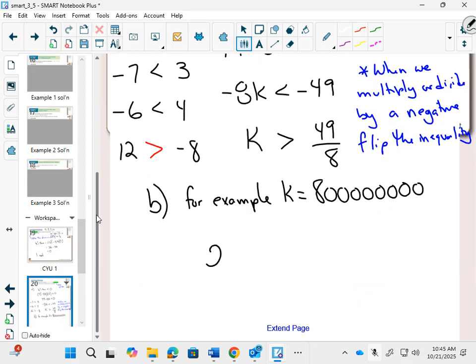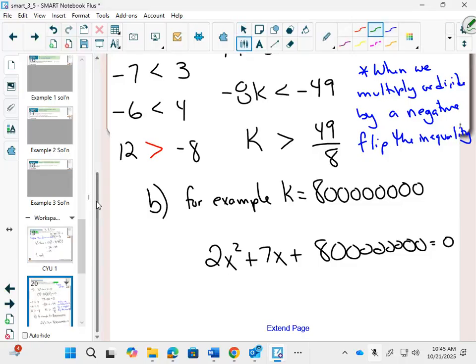So now we'd say 2x squared plus 7x, and instead of k we could write 8. I'm pretty certain now that this will not be solvable, because if I plug this into my quadratic formula, I should get a negative inside the square root.